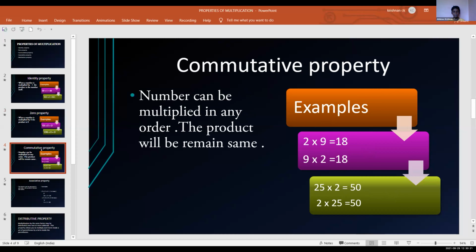The product will remain the same. Examples: 2 into 9 equals 18, and if we multiply 9 into 2, we also get 18. 25 into 2 equals 50, and if we multiply 2 into 25, we also get 50.